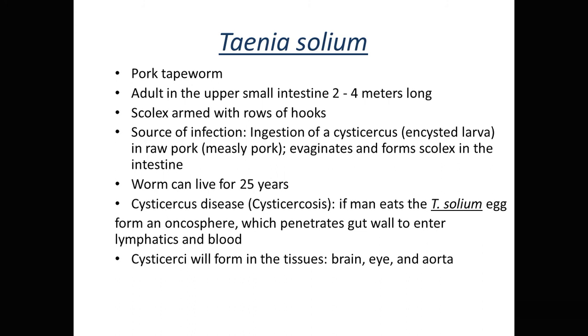Similarly here, the source is raw pork that contains the encysted larva, and this encysted larva turns into the worm when getting into the intestines. And Taenia solium can also cause cysticercosis. This is when the person consumes the eggs as well.